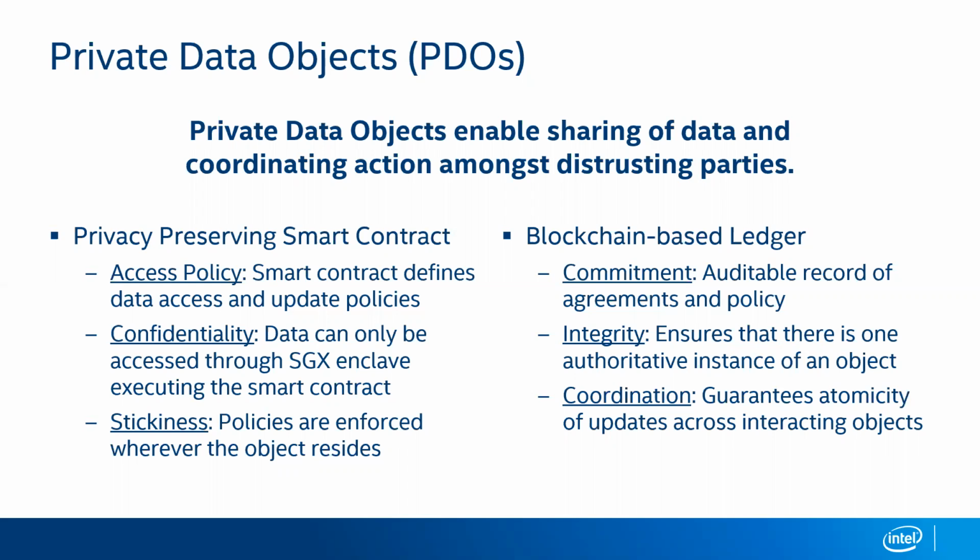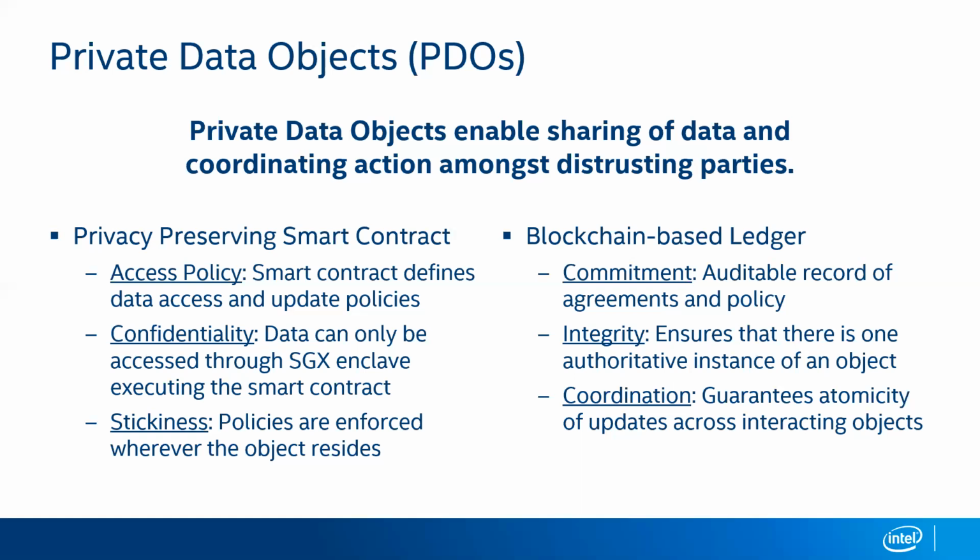So we get an auditable record of commitments. The commitments don't actually contain any of the data in the smart contract. They simply record a transition of the state from one to another. So we can audit that record and verify the correctness of the transactions and updates taking place, but we don't expose any information about what's happening.